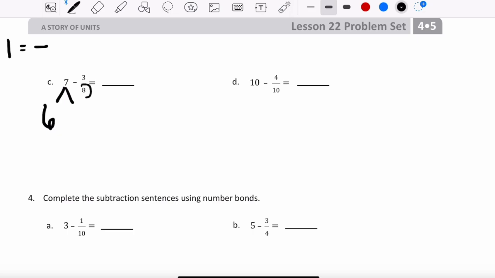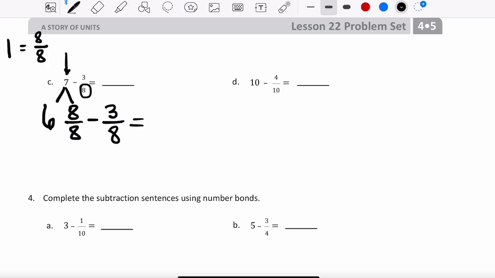In order to figure out what that 1 whole equals, we look at the denominator, which is 8, so we know it changes to 8 eighths. So now I have 6 8/8. I can subtract my 6 8/8, which also equals 7, from my 3/8, and now I can subtract the fractions.